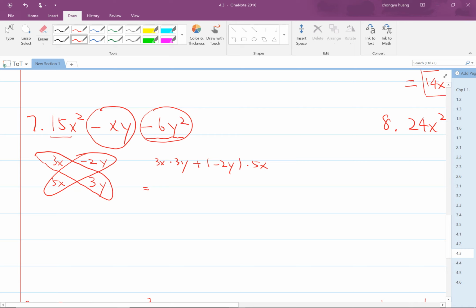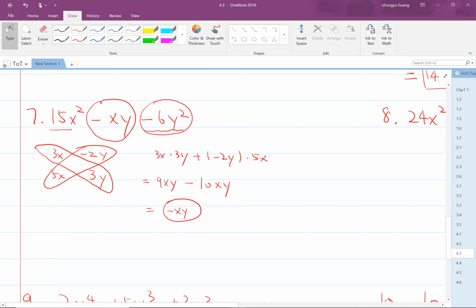What we have on the left hand side is 9xy, and then we have negative 10xy. 9xy minus 10xy is going to be negative xy. So negative xy is exactly what we wanted as the middle term. Now we actually solved the problem, we found the right combination.